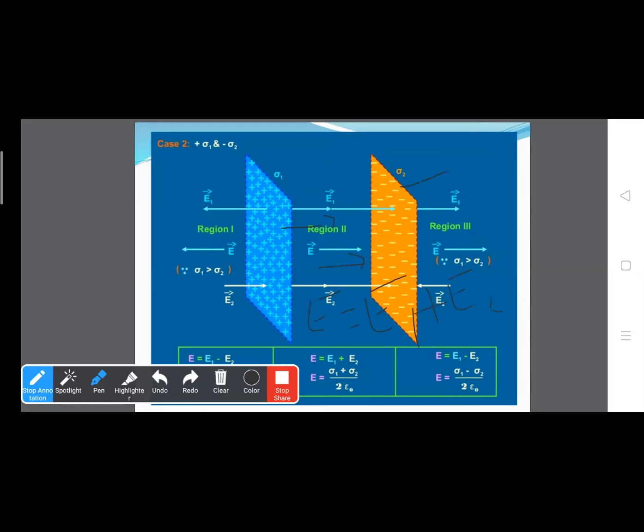Okay. So now put the values of the electric field due to these two plates, we found that E equals sigma 1 plus sigma 2 upon 2 epsilon naught. Clear?